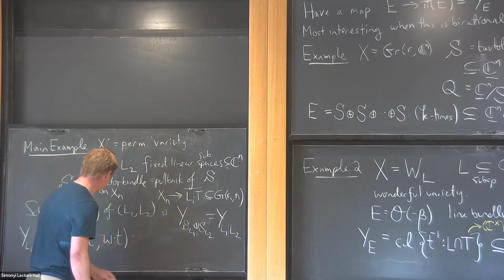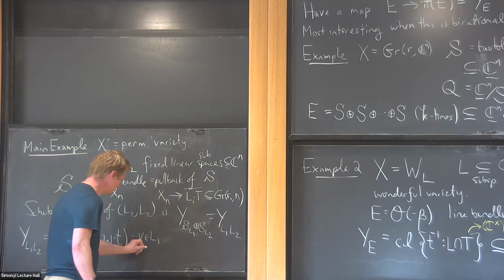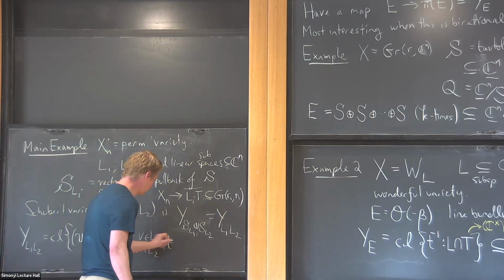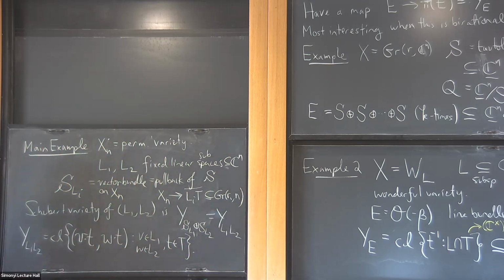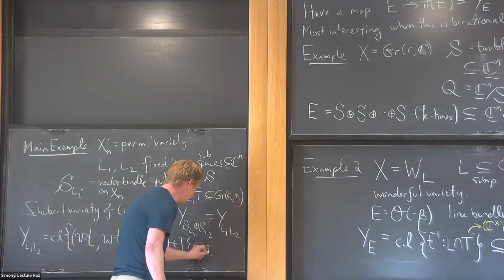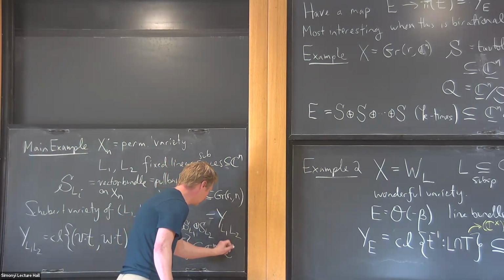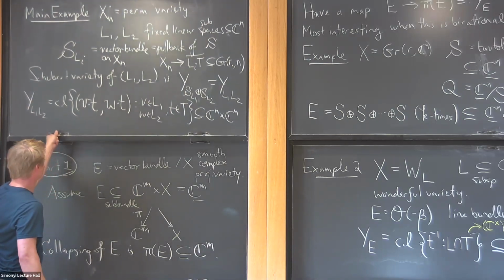And that's it. So u is in L1, w is in L2, and t is in the torus, and you take the closure of this. So this is some subvariety of C^n plus C^n.